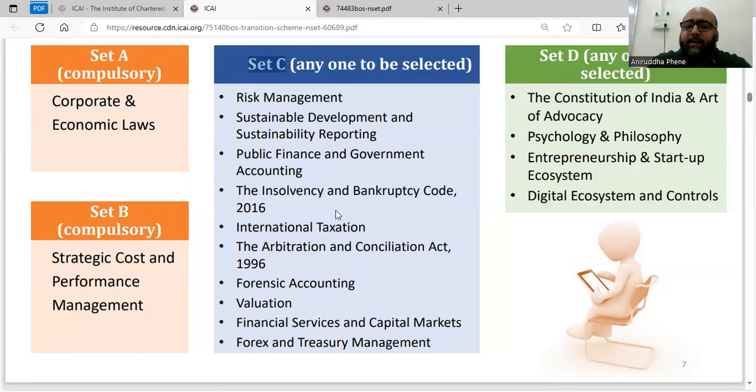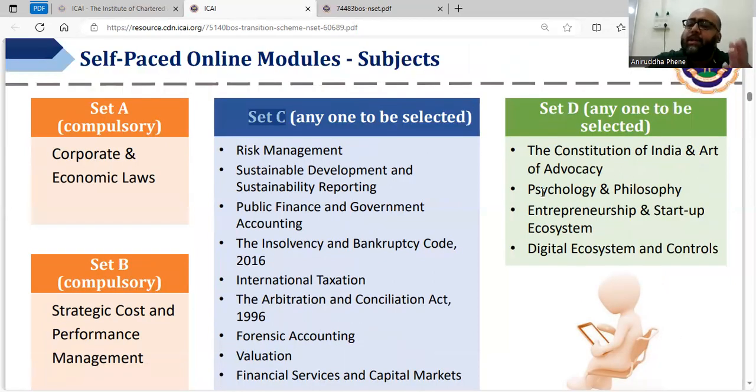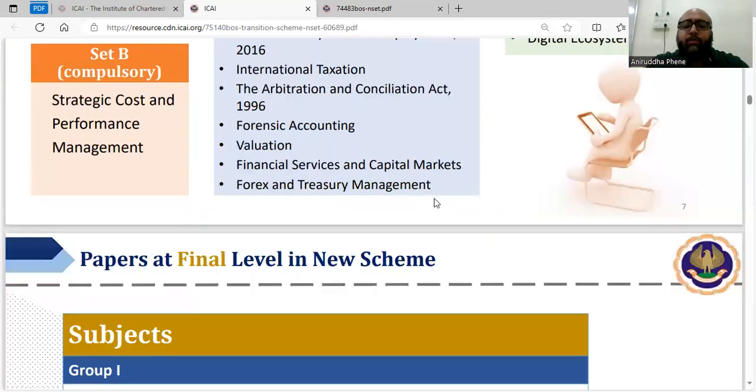This is for set C. Forensic accounting, valuation, financial service, forex. So you can decide. And set D is constitution, psychology, philosophy, entrepreneurship, startup, digital ecosystem. So you can decide. And these 4 modules you have to complete online in the 2 years after your clearing of CA intermediate. Now coming to the final.